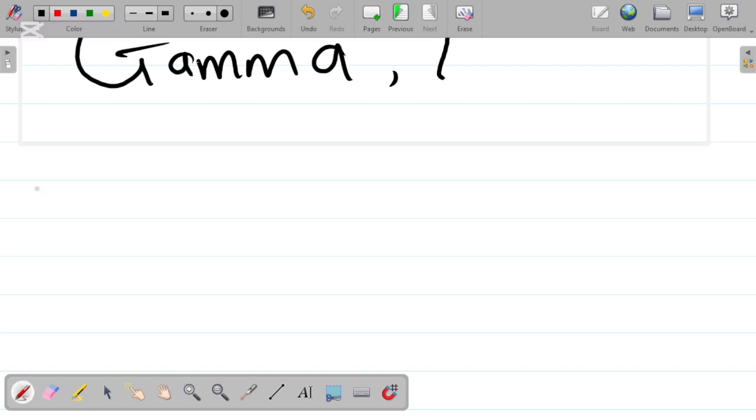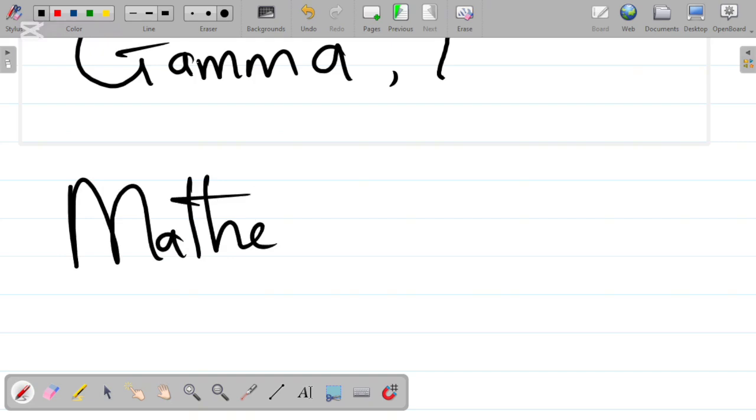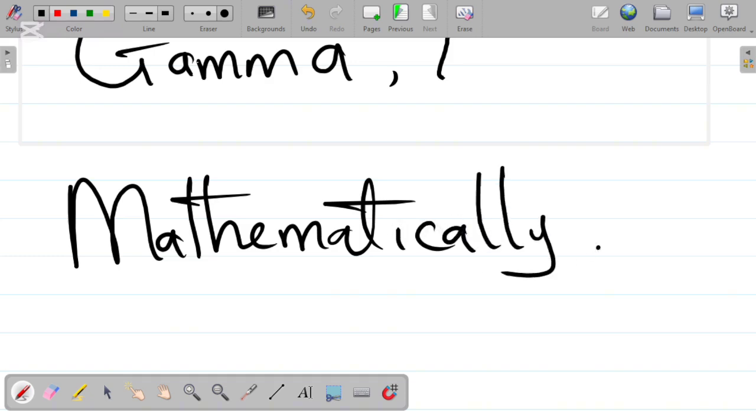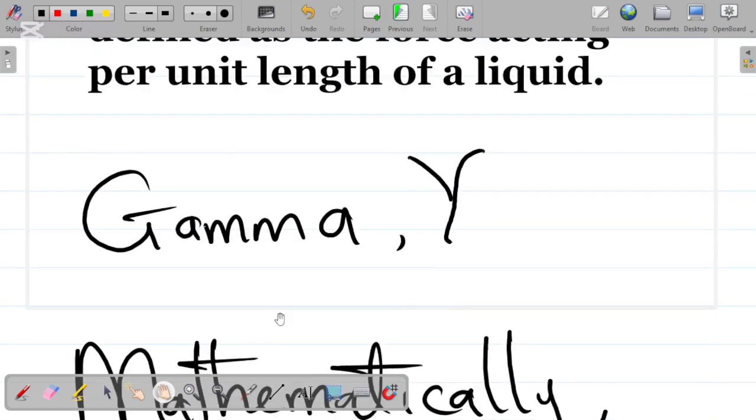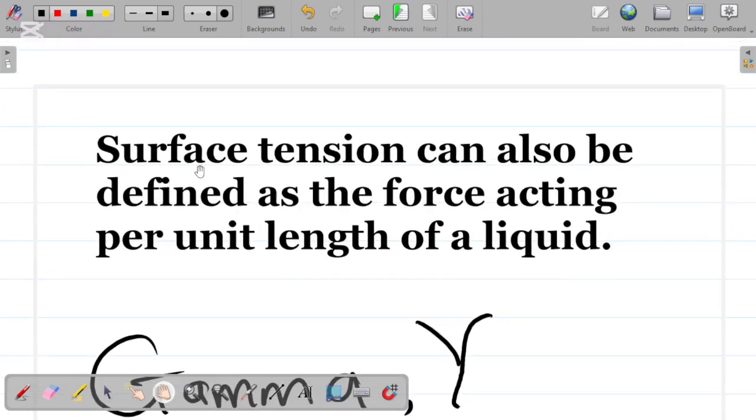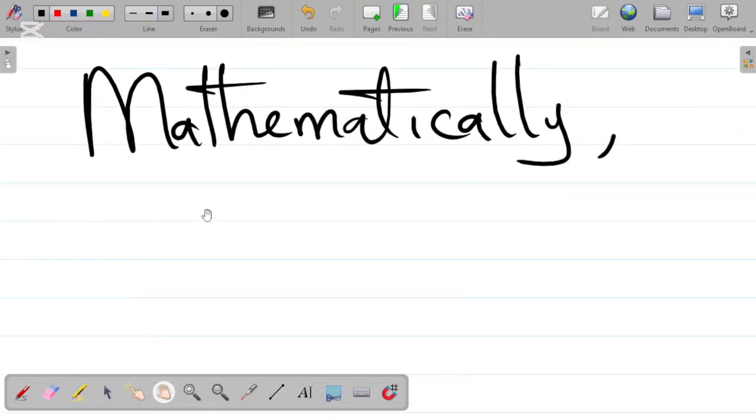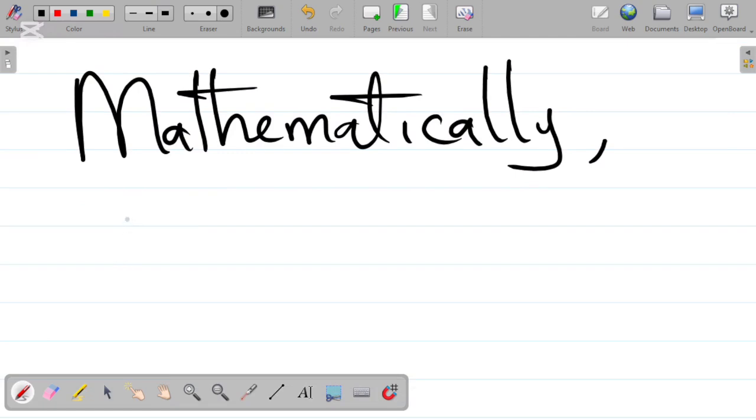Alright, so mathematically, from this definition, surface tension can also be defined as the force acting per unit length of a liquid. So mathematically, surface tension gamma is equal to what?